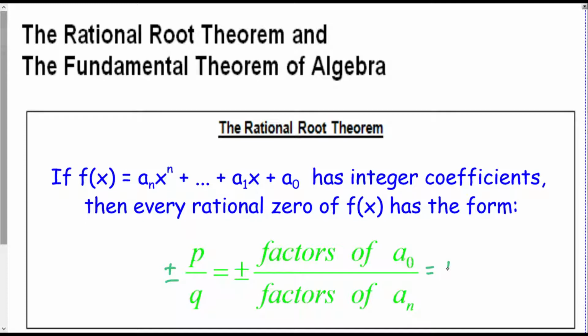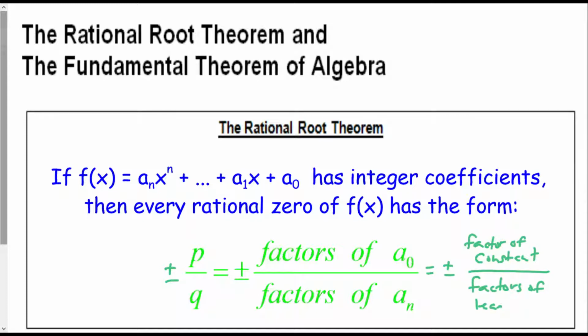Well, what does that all actually mean? It's just plus or minus factors of a sub 0, my constant, okay? And then over a sub n, those are going to be factors of my leading coefficient.